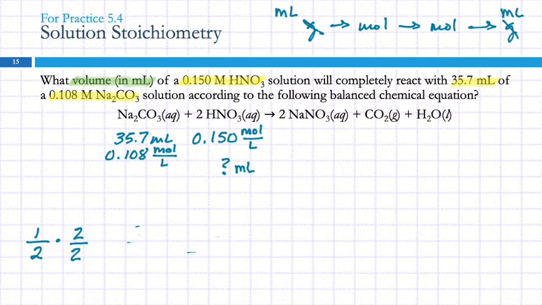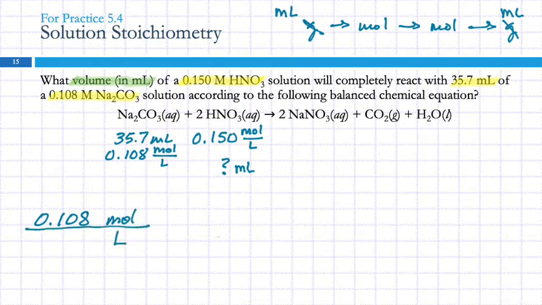So I'm going to show you what you can do with the molarity to have it be milliliters instead. If we take that 0.108, and that's moles per liter, and multiply by milli, 10 to the minus 3, on the top, we're going to get millimoles. And if I multiply by milli on the bottom, I'm going to get milliliters.